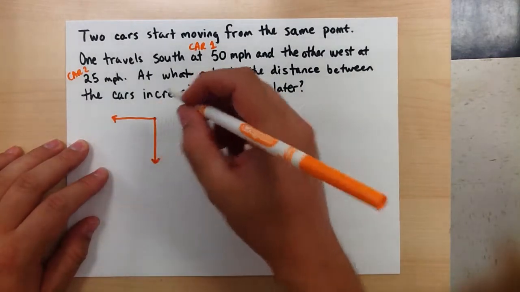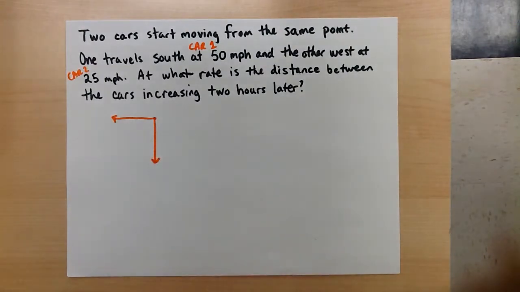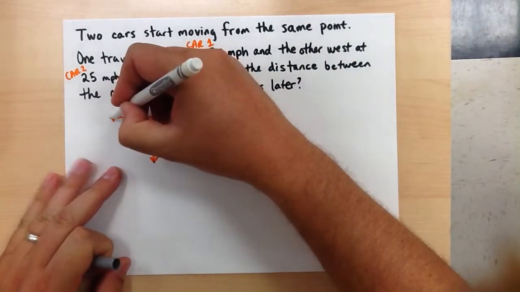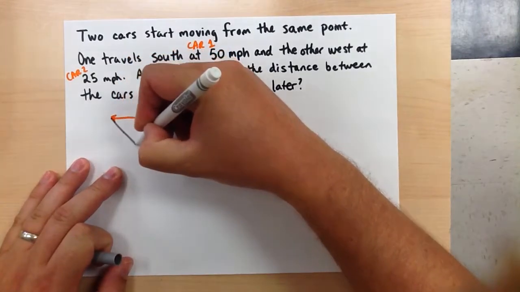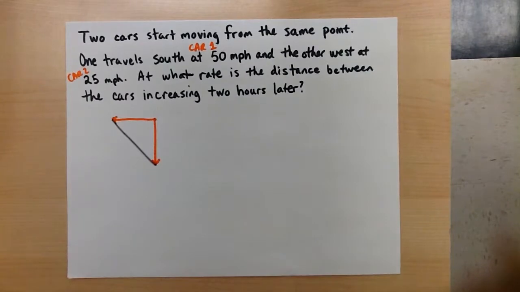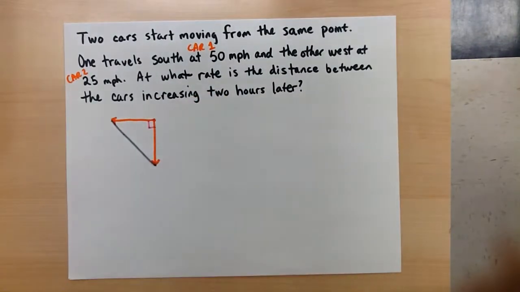Okay? And so hopefully you can see that the location of the cars, how far apart they are, is the hypotenuse of this right triangle. And so we have ourselves a right angle. So hopefully you can see that.